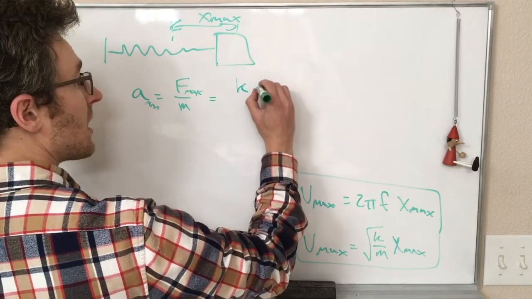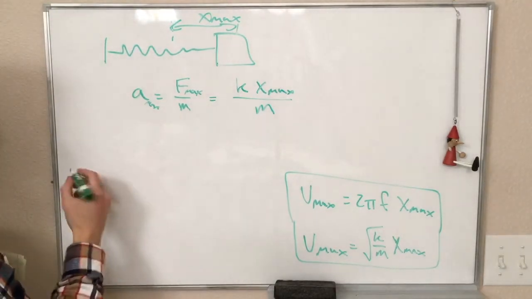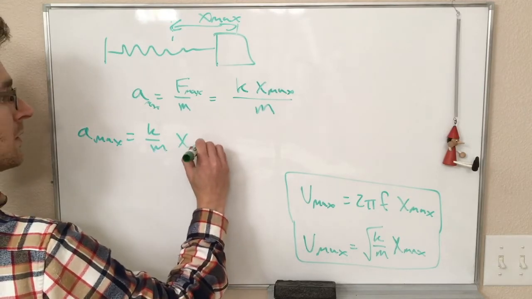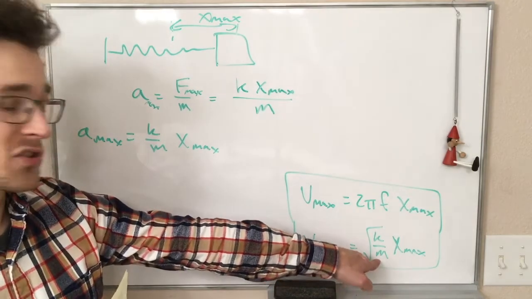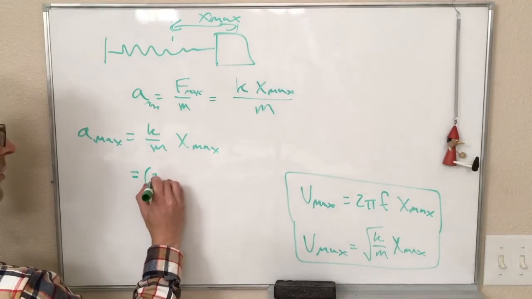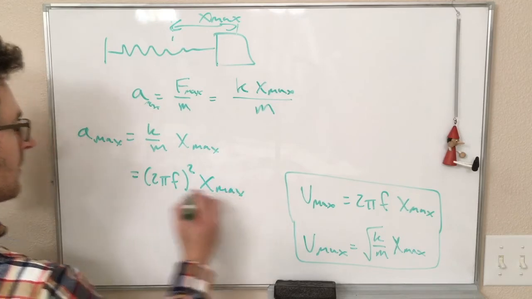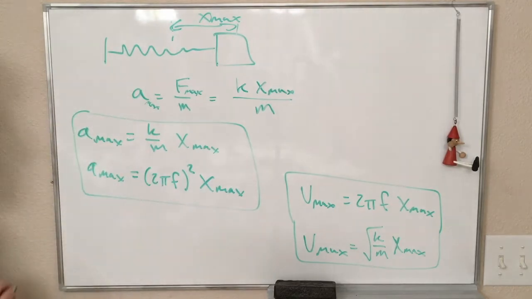So this is k x max over m. So in other words, a max is equal to k over m times x max, which is another factor of the square root of k over m, or another factor of 2 pi f. So this is equal to 2 pi f squared times x max. So these two equations we can also use to figure out the relationship between acceleration and position.